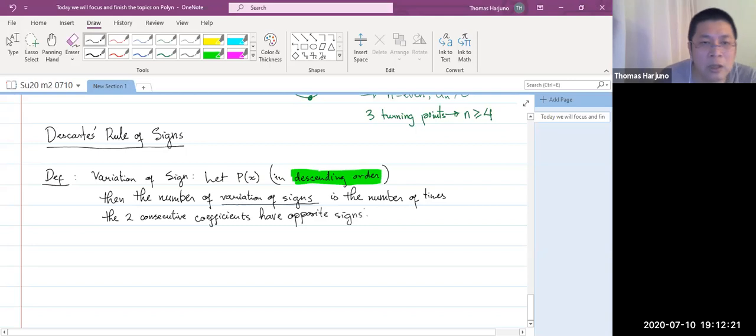Or how many times the coefficients actually change signs.